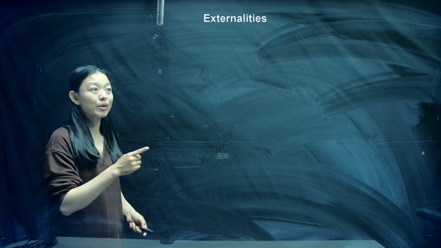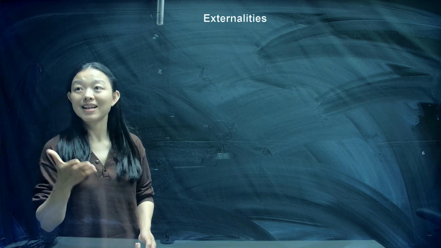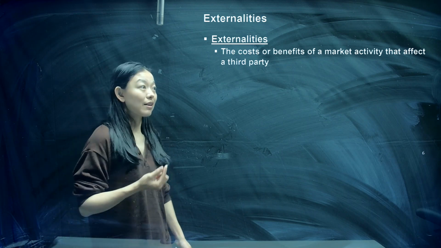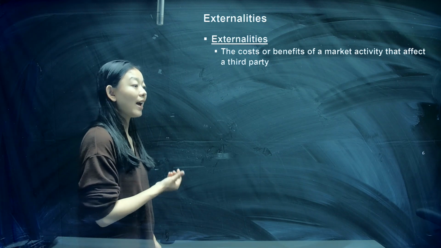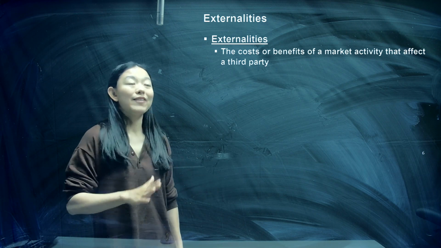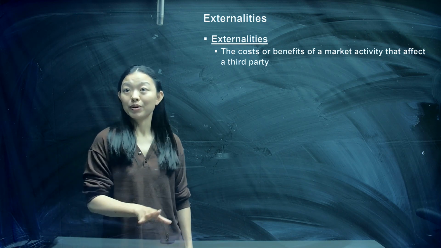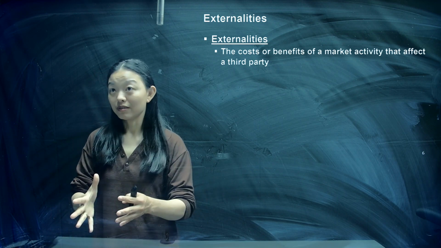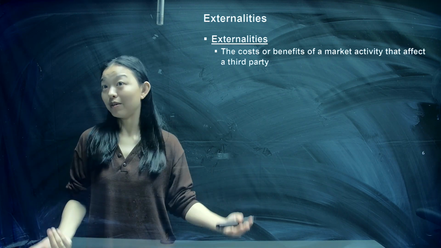We define externality as the cost or benefit of a market activity that affects a third party. For example, as I just talked about, the factory's pollution will affect the people who live nearby.